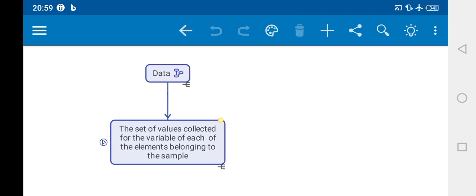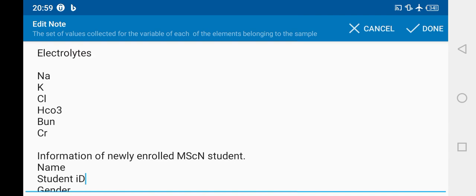So what is data? Let's understand with an example. If a doctor orders the lab test electrolytes, it contains multiple components like sodium, potassium, chloride, bicarbonate, and creatinine.